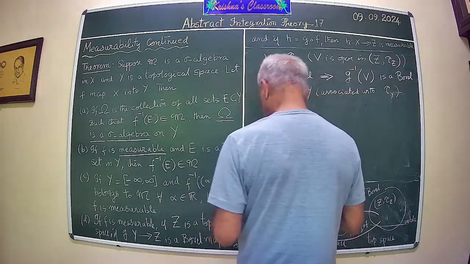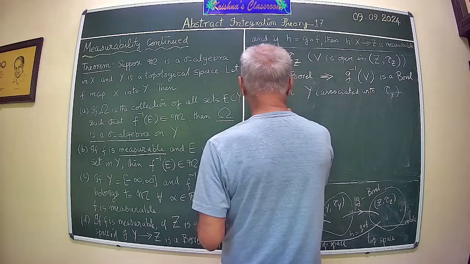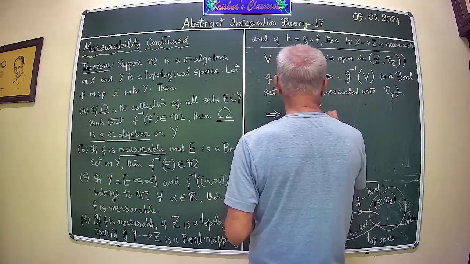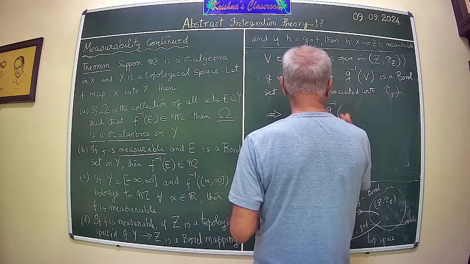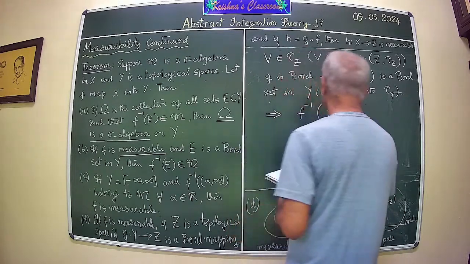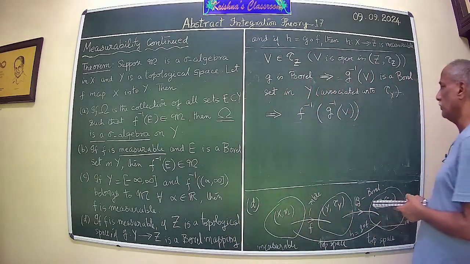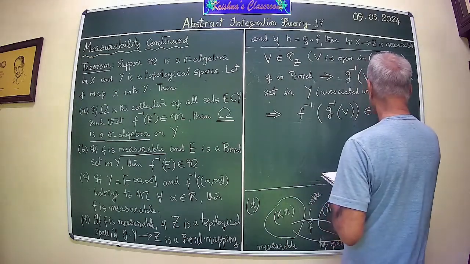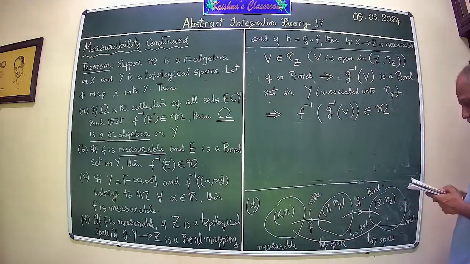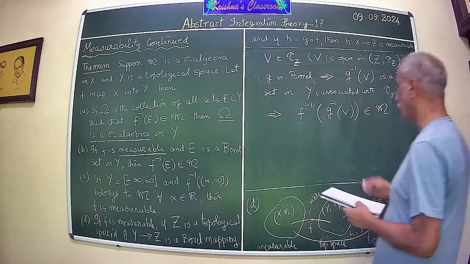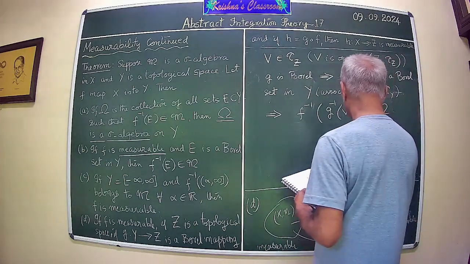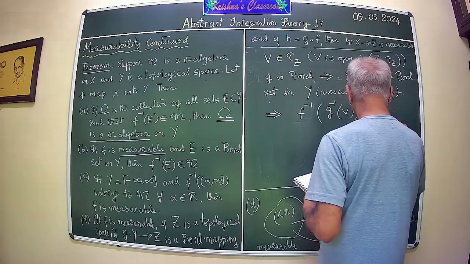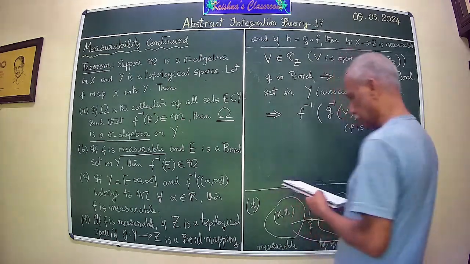Therefore, what do we have? This implies F inverse of G inverse of B. G inverse of B is Borel. F inverse of G inverse of B belongs to A. Okay? Because F is measurable.